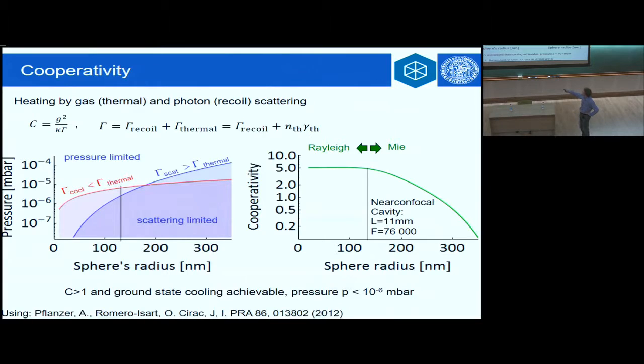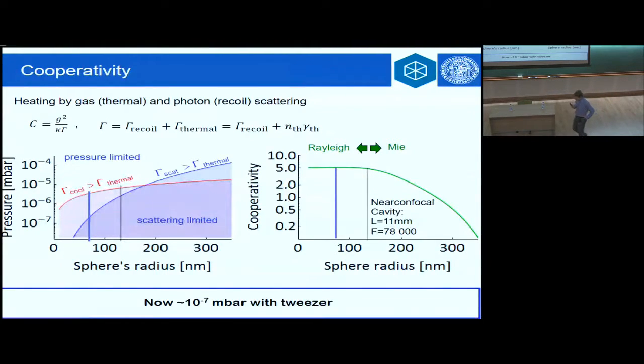When we look at the size of particles we had, one can see that we are scattering recoil limited at 10 to the minus 6 millibar or so, and that at this point the cooling rate is also sufficient. If one changes the particle size, one doesn't get much of an effect in this regime, because the intensity of the laser goes both into the coupling and into the recoil heating, and they just cancel out. So in the end it's just a property of the cavity, how strong this cooperativity is.